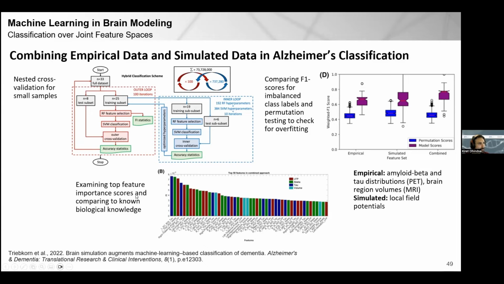And then, like we talked about, we can also examine the top features. We can look at how many or which features come from which of the different feature spaces, and we can look at whether these actually make sense from a biological perspective. Most of these correspond to things that we can find in the literature that we know are somehow related to Alzheimer's disease.